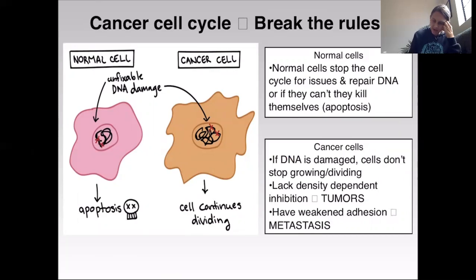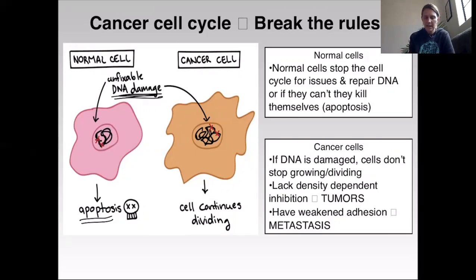Normal cells, if there is some sort of DNA damage, stop the cell cycle. They try to repair the DNA. If they can't, they will actually kill themselves, and that's a process called apoptosis. I always remember that because I think of the cells popping or opening up, right?